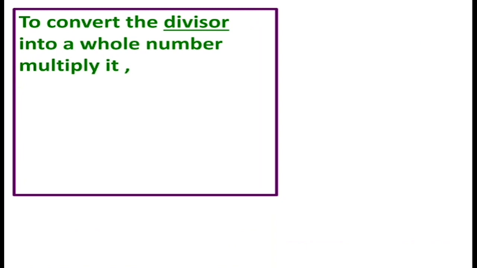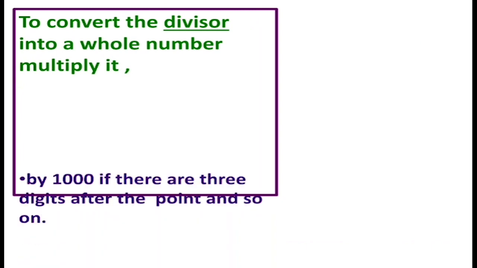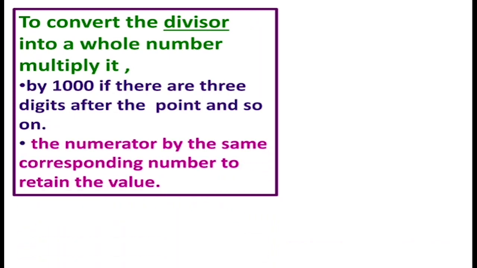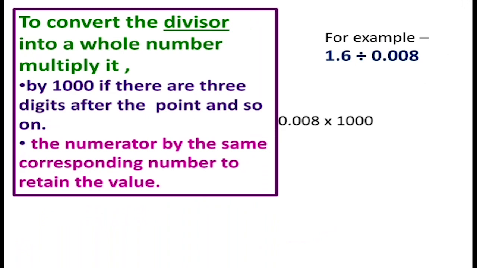Now to convert the divisor into a whole number, when there are 3 digits after the decimal point, you have to multiply the numerator and denominator both by 1000 and so on. So the numerator will also be multiplied by 1000. Here I have taken an example where 1.6 is divided by 0.008. Here 1.6 is the dividend and 0.008 is the divisor.